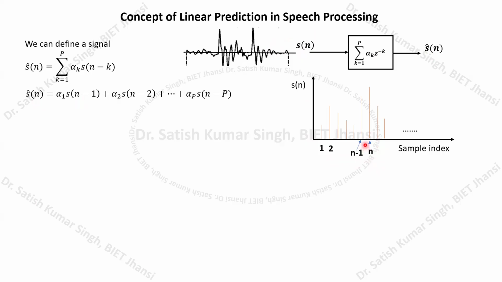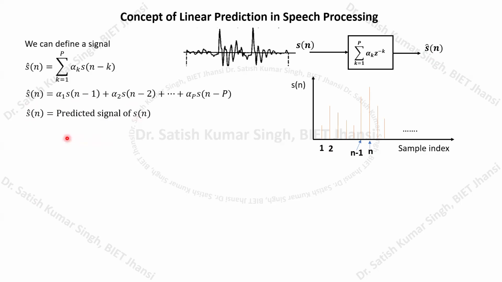So we are just considering the past p samples, and by using a linear combination of those past p samples we predict the present sample n. That's why we are calling this s cap n the predicted signal of Sn. Now we have to find out the values of alpha 1, alpha 2 up to alpha p.